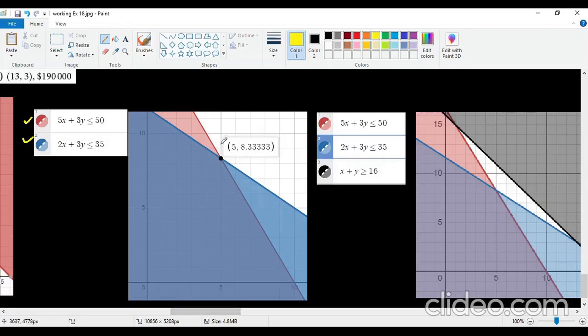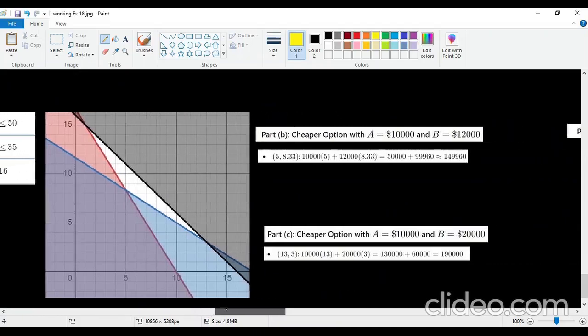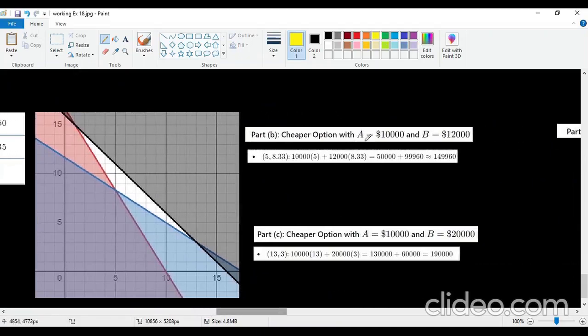So x is 5 and y is 8.33. Now once we put this into the calculation, the cheaper option, where A is 10,000 and B is 12,000, once we put 5 and 8.3 over here and multiply this, we get 99,960. So this is going to be the cheapest option.